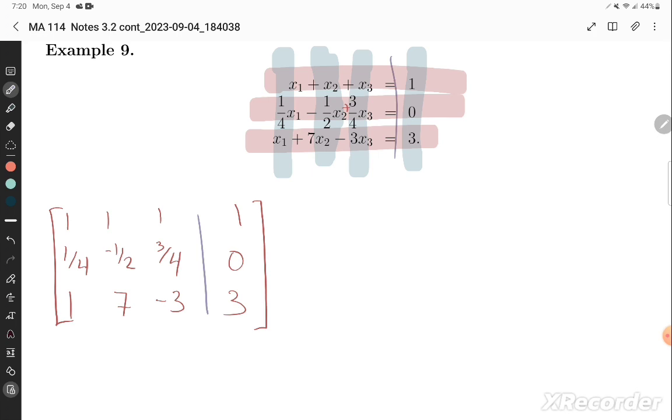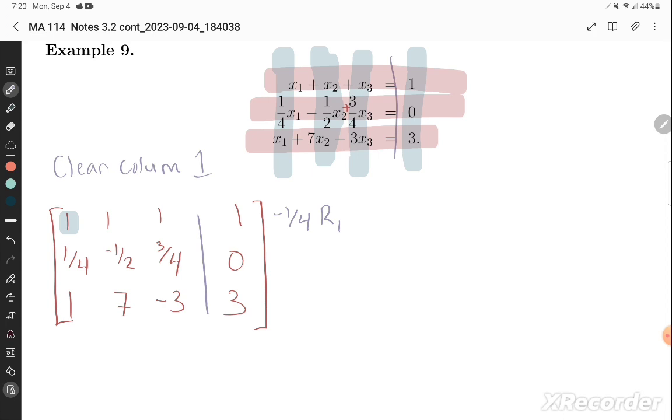Now let's row reduce. We notice here I've already got a leading entry of 1. That's excellent. So I want to clear column 1 now. I'm going to multiply -1/4 row 1.